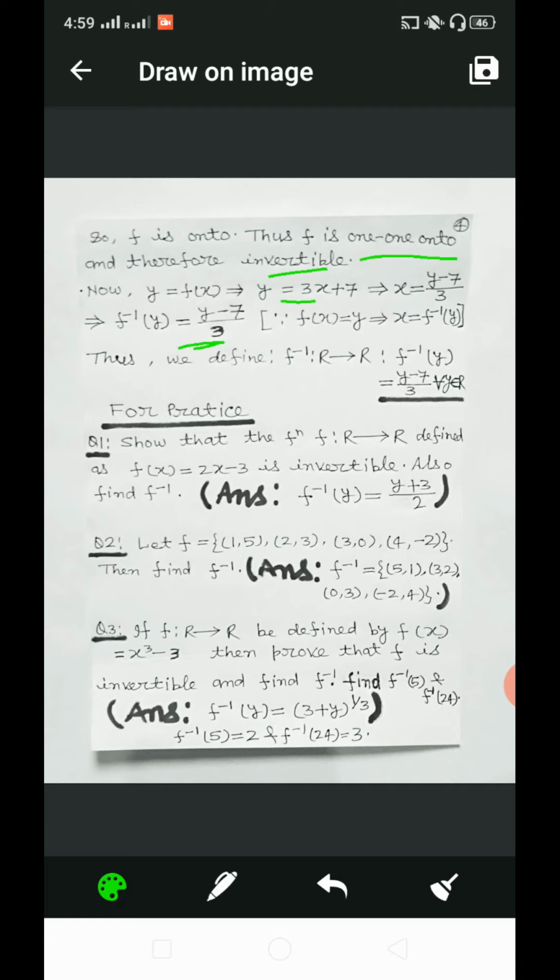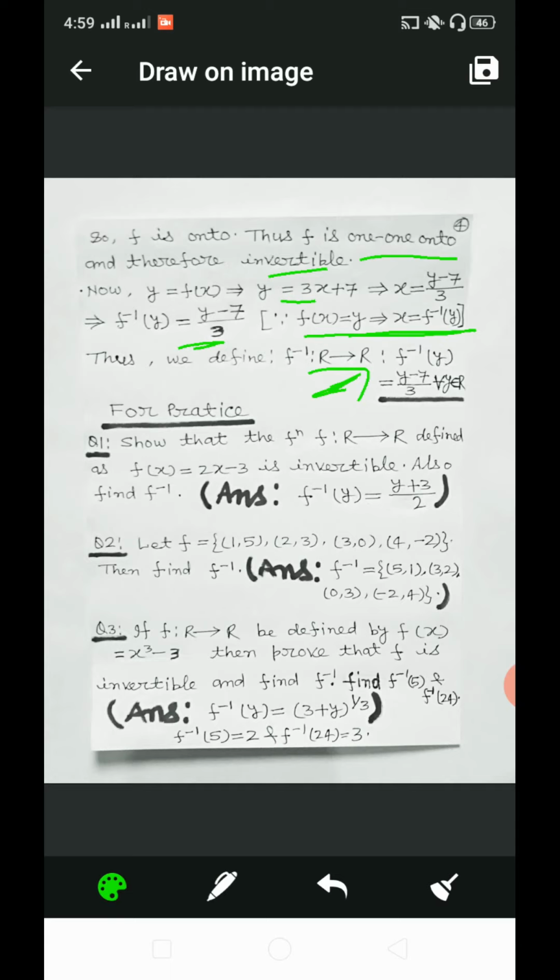Here the reason is f(x) equal to y implies that x is equal to f inverse(y). Thus we define f inverse from R to R, that is, f inverse(y) is equal to (y minus 7) by 3 for all y belonging to R.